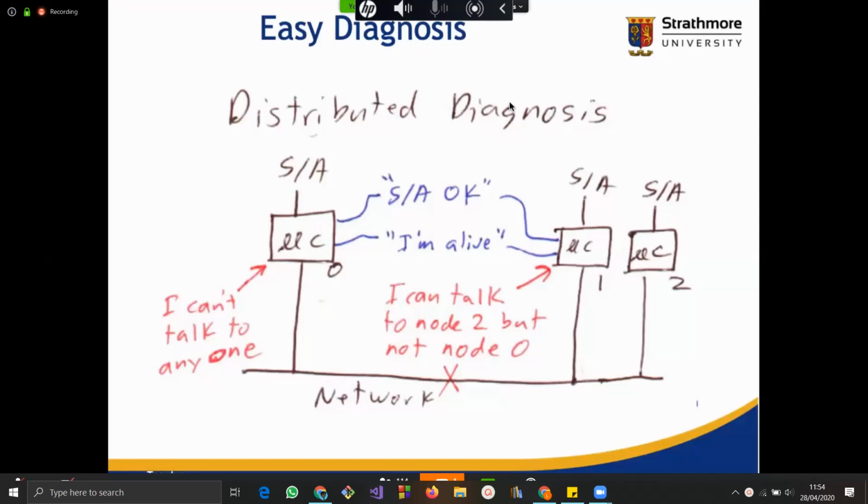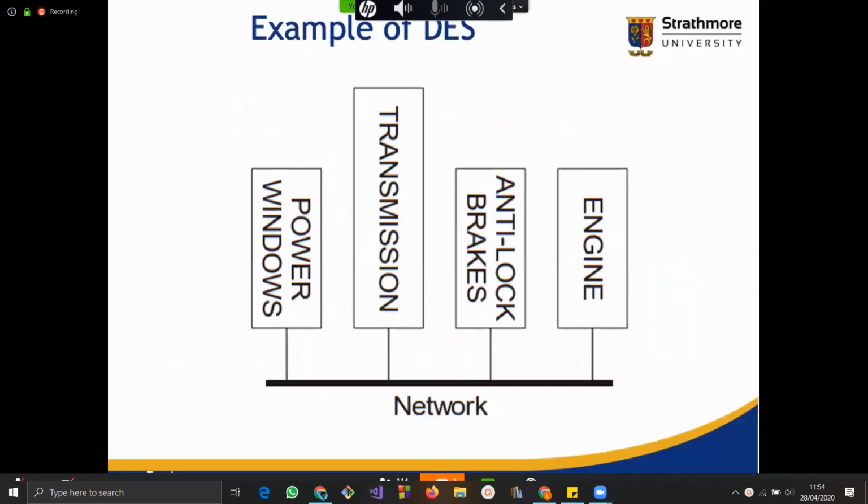So this is a real life example. For those who didn't know, a car is a very good example of a distributed embedded system. The current generation of cars, not the old generations, yeah. For example, you have a power window, which has its own processor.